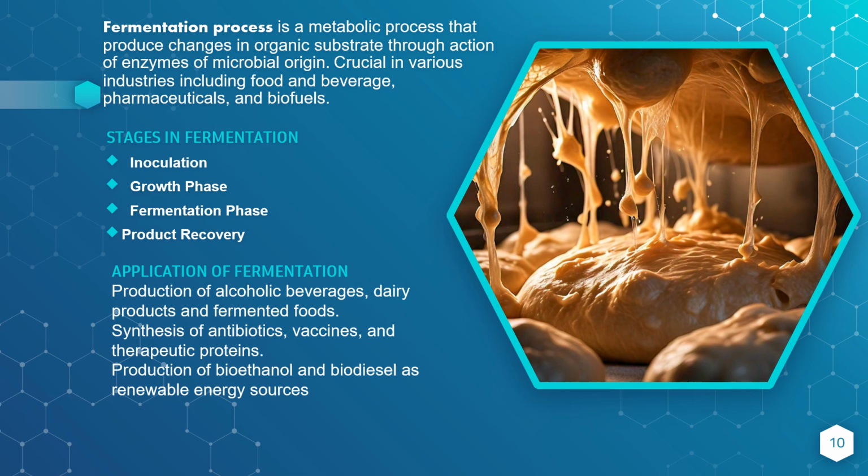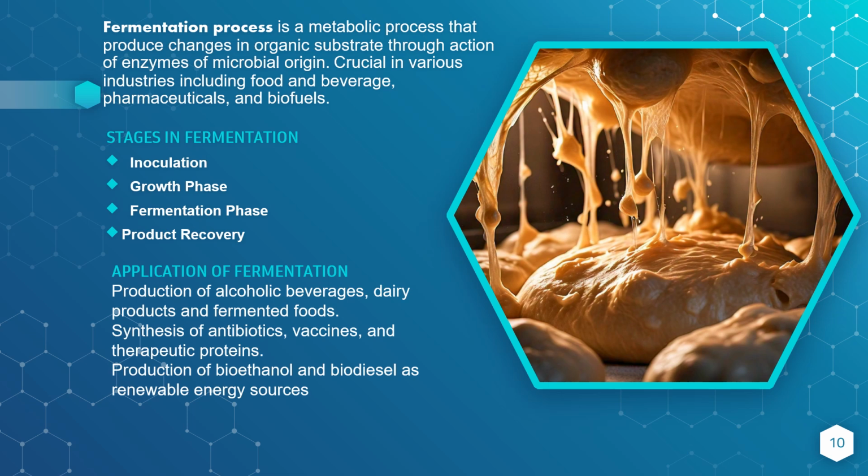This step is crucial in establishing a healthy and productive fermentation process. The next stage is the growth phase. The growth phase refers to a period during which microorganisms multiply and increase in biomass within a controlled environment, typically a bioreactor.